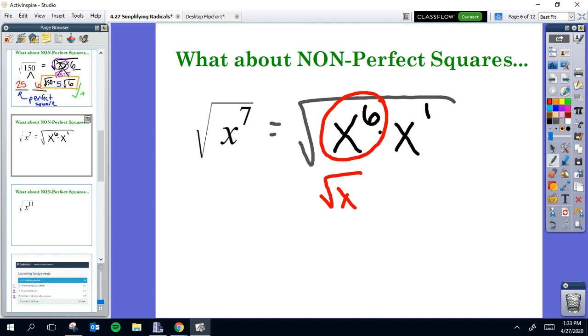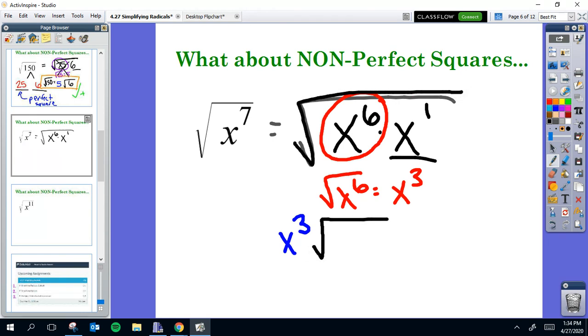The square root of x to the 6th is x to the 3rd, and that is the number that I can pull outside of the radical. X to the 3rd goes on the outside because it no longer needs to be under the radical, and the number remaining is x to the 1st. I don't need the exponent of 1, so I can keep it as x.